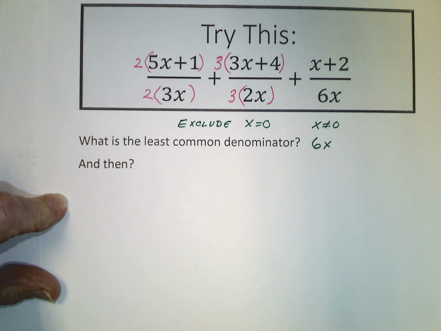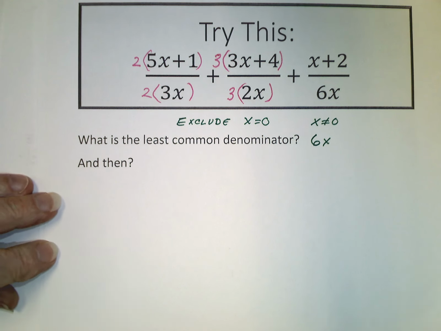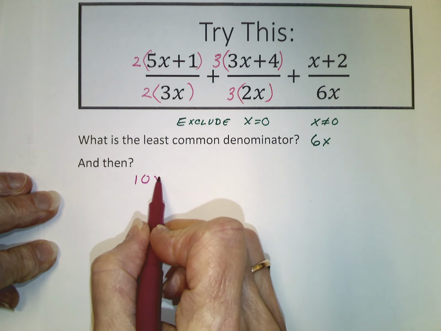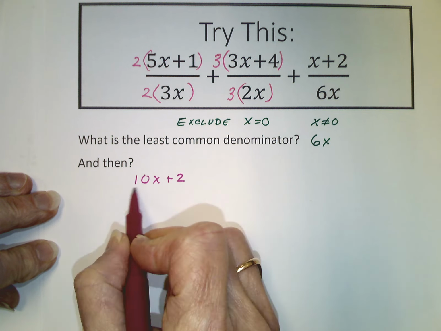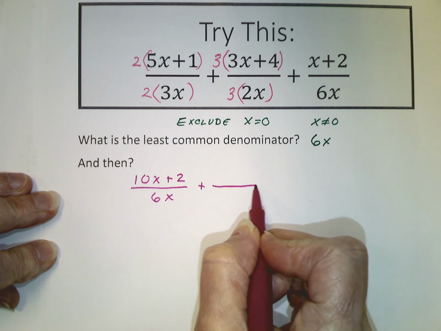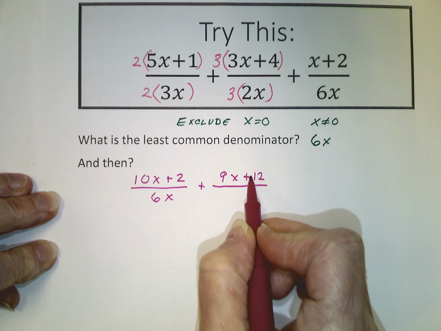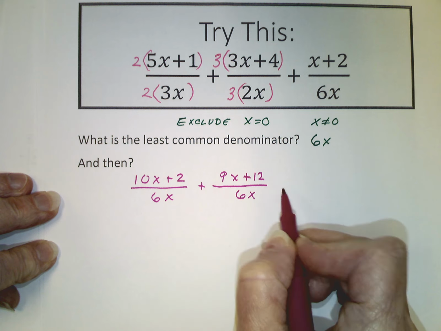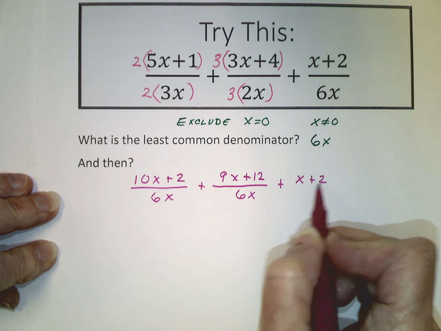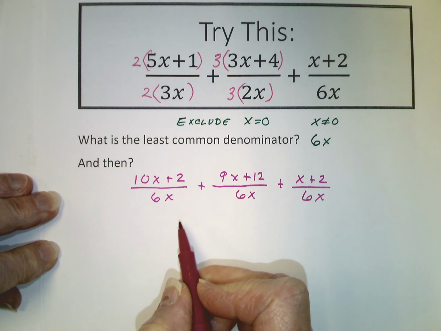So coming down, because I don't have enough room up there, I'm going to go ahead and do the distribution. So we'd have 10x plus 2 over the now 6x, added with 9x plus 12 over its new denominator of 6x, added with the x plus 2 that was already over the 6x.